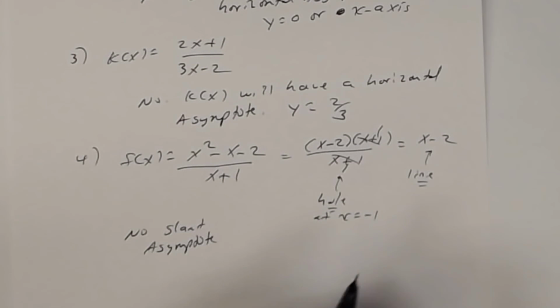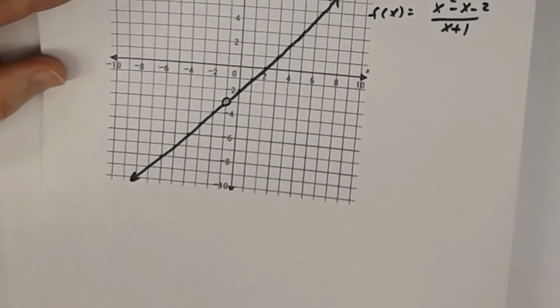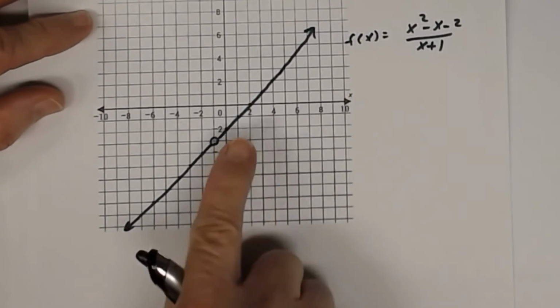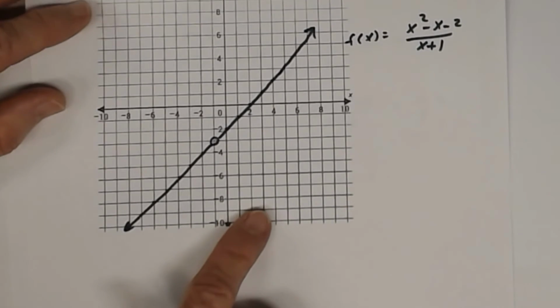All right, now I want to say this also. So no slant asymptote. In fact, and this will be important when we start graphing these, notice there's no horizontal asymptote, there's no vertical asymptote, and there is no slant asymptote.